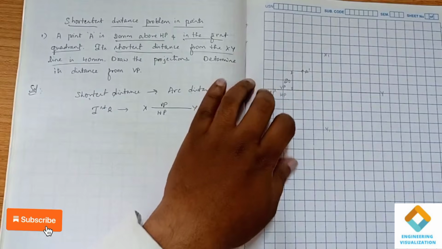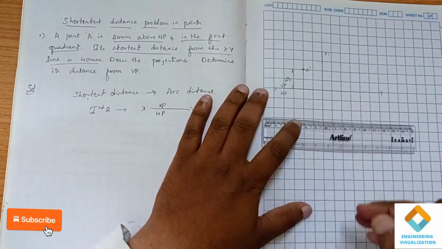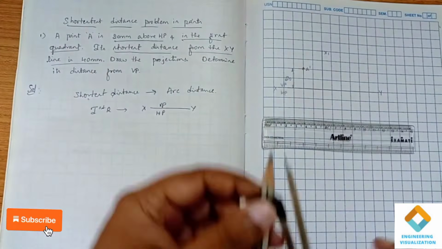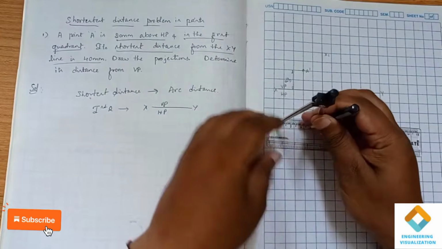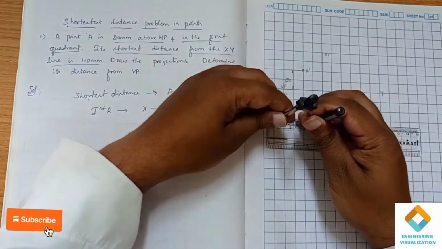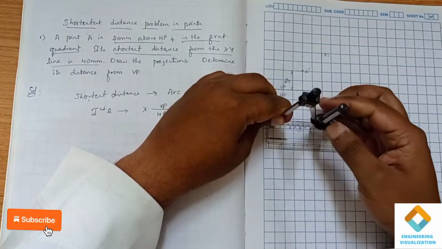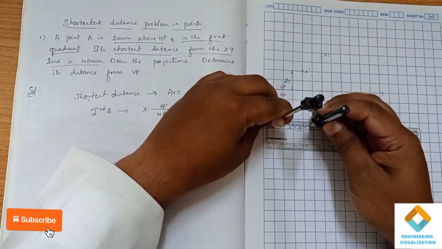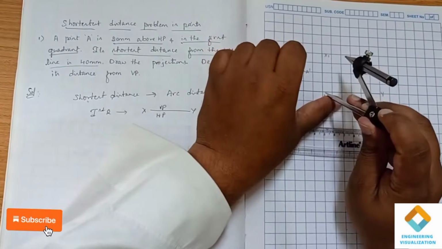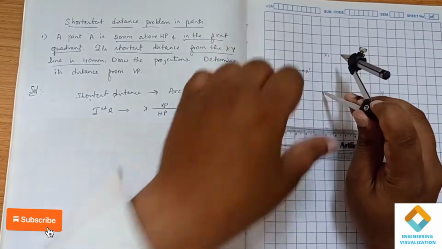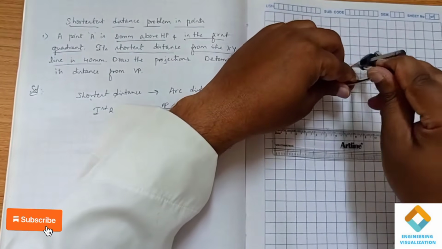So for that we have to consider a scale and take 40 mm. So take the compass and measure 40 mm, that means 4 centimeters, from this point to here, exactly 40 mm. Okay, from this intersection point you draw an arc.